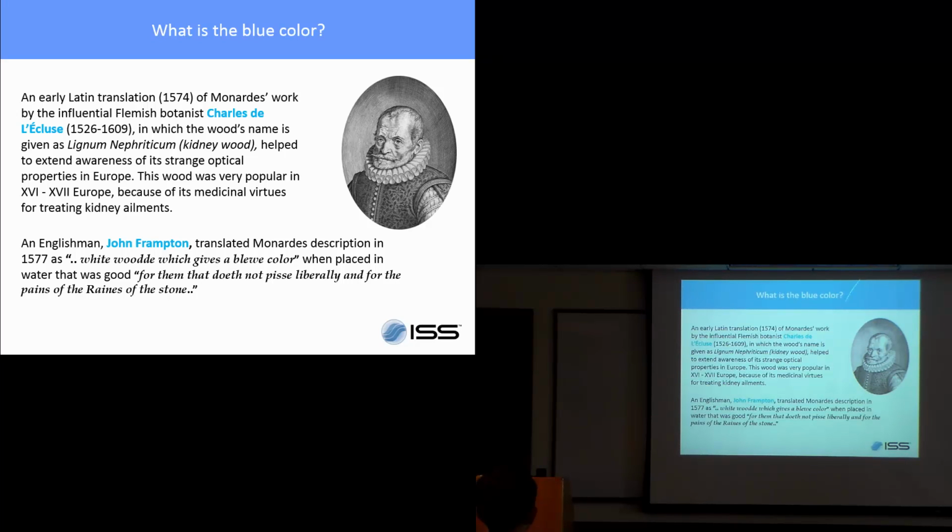And in fact, there was a gentleman, John Frampton, who had been living in Spain for several years. When he returned to England, he translated from the Latin and the Spanish some of Monardes' work, and wrote this colorful piece of report about the kidney wood.